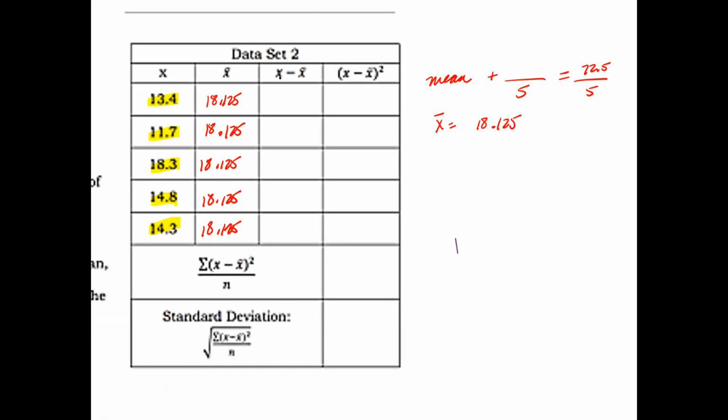Next, what you're going to do is take x minus x bar. So you're going to subtract these numbers and then write it down in the next column. Negative 4.725.